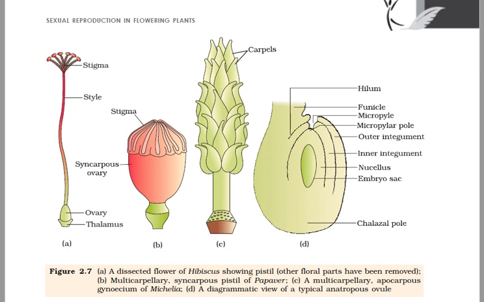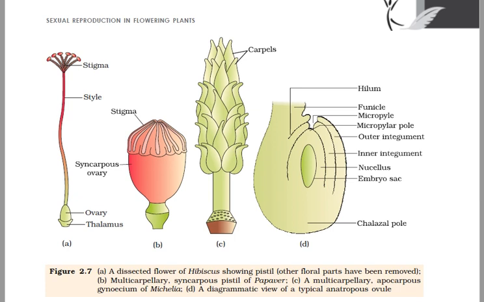Inside the ovary there is an ovarian cavity which is also called locule or cavities. They bear a cushion-like structure which is made up of parenchymatous tissue called placenta. I repeat, ovarian cavity bears a cushion-like parenchymatous structure called placenta.